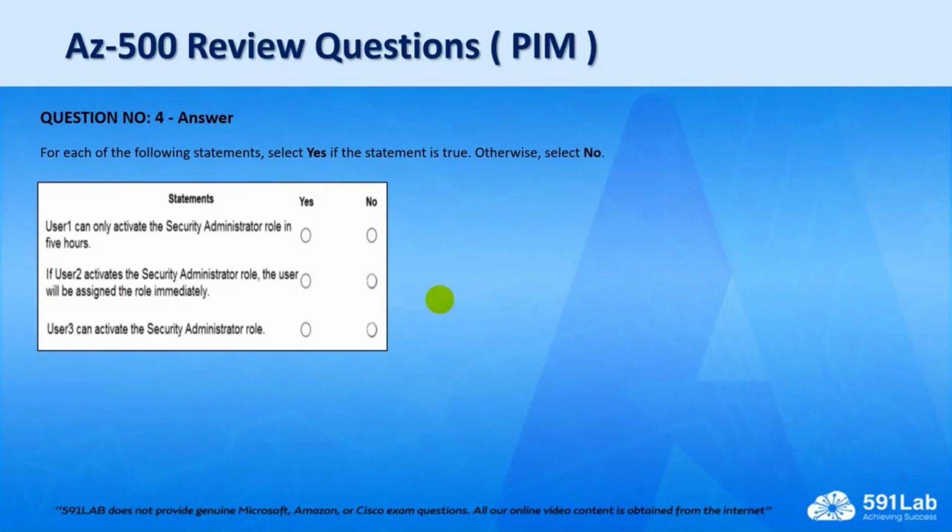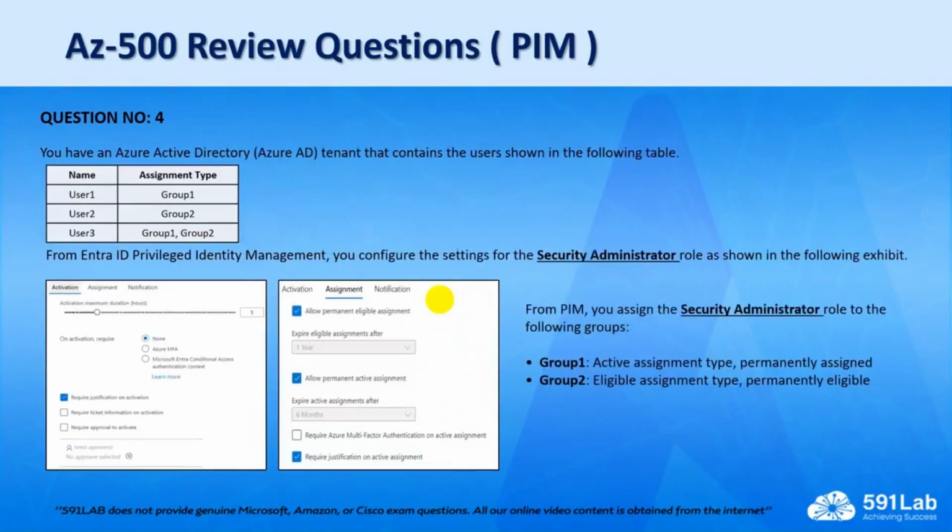The last statement says user 3 can activate the security administrator role. Look at the options. User 3 is a part of group 1 and group 2 both. And group 1 says the assignment type is active. And we know the moment you choose the assignment type as active, the role is going to be permanent with that user.